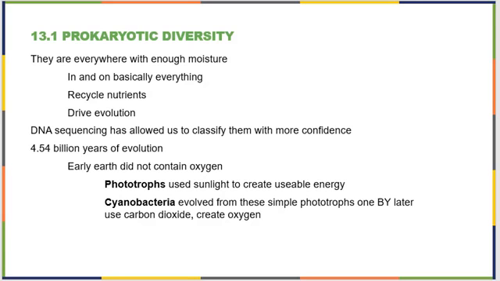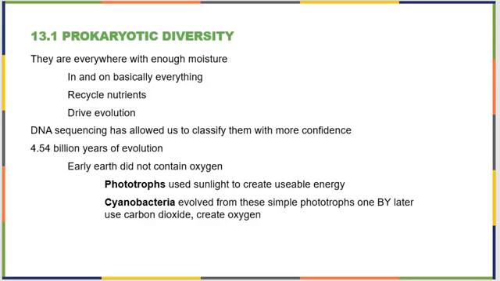DNA sequencing has allowed us to classify prokaryotic diversities with far more confidence than we used to be able to, and there's a whole lot of diversity because they spent a good portion of their time on Earth being the only creatures here. Earth has undergone about 4.54 billion years of evolution, and in early Earth there wasn't any oxygen.